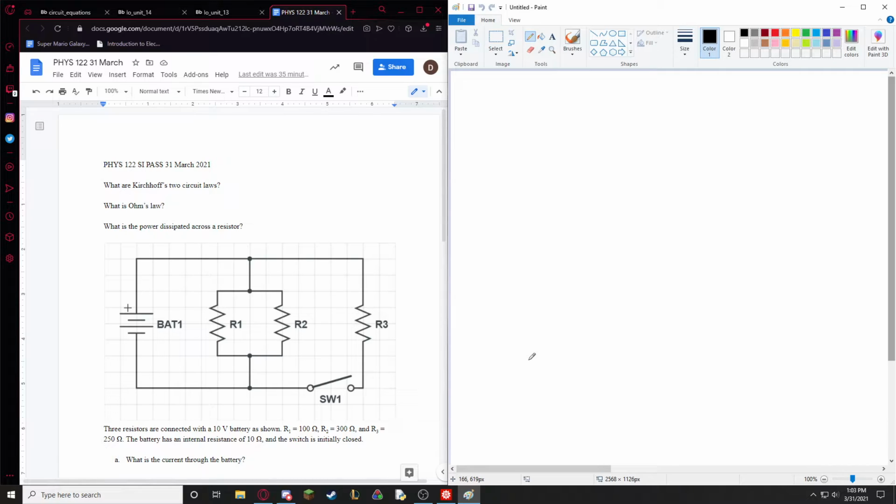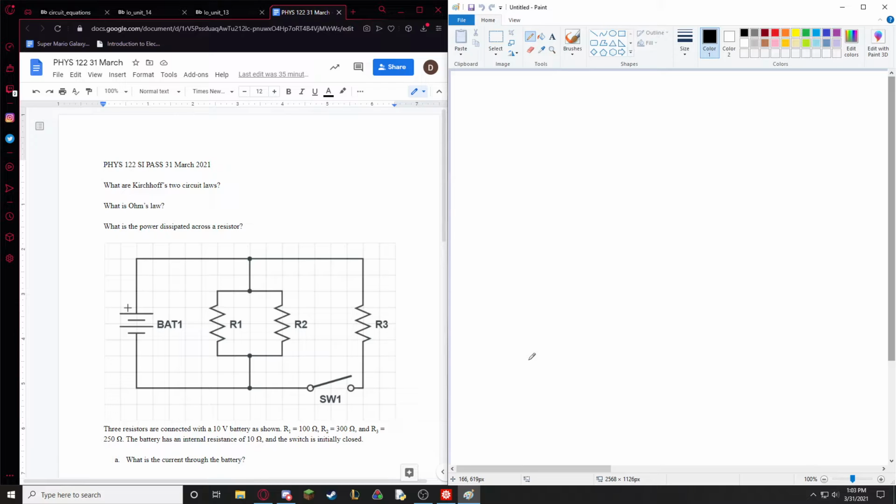It would apply for the battery going through the closed loop. Exactly. That's what I'm looking for. A loop. Can it be any loop that you can draw within a circuit, or does it have to include the battery? I think it can be any loop.